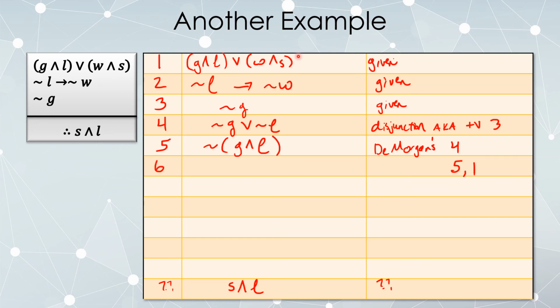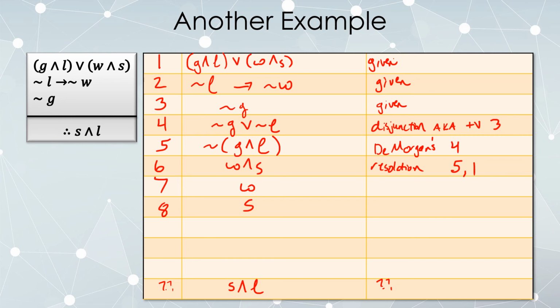How can I combine lines 5 and 1? Well, I have negation of G and L, and here I have G and L or something else. So we're going to use resolution. And what do we get out of it? W and S. Now, anytime you extract a conjunction, not the negation of a conjunction, when you have a conjunction, I kind of recommend immediately doing two things.